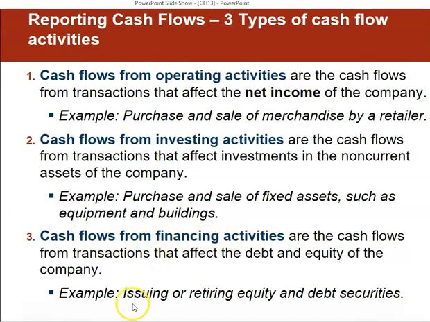And then finally, this is also a biggie, cash flows from financing activities. It says, for the example, this is how a company will raise money and then pay that money back. It says issuing or retiring equity and debt securities. Now, when we talk about equity, I don't want to get too much into this because this is an Accounting 1 class, and most of your discussion, at least at this school, on equity and debt is going to be in your Accounting 2 class. But if we can raise money, we can finance our activities by selling part of our company.